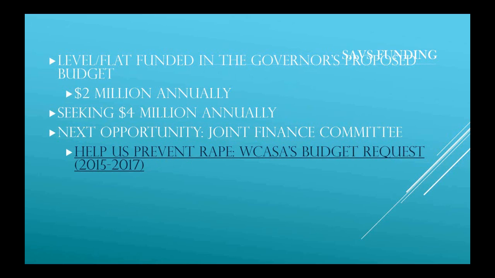We've been meeting with folks in the legislature as well as in the governor's administration to advocate for this increased funding. And we will be working with you on encouraging the Joint Finance Committee in the legislature to increase funding for the SAVES grant program.